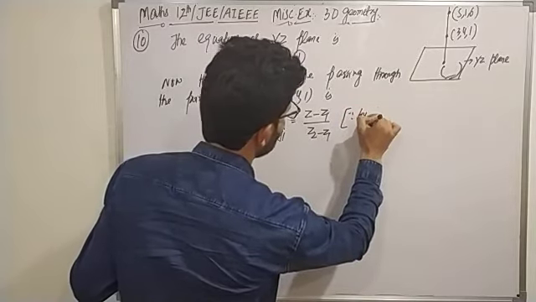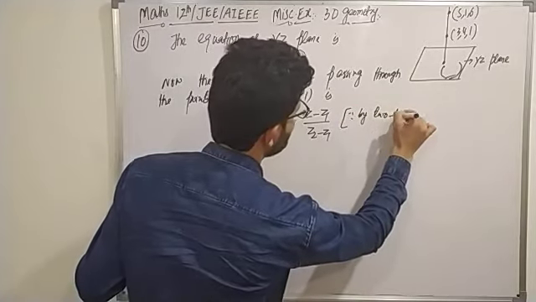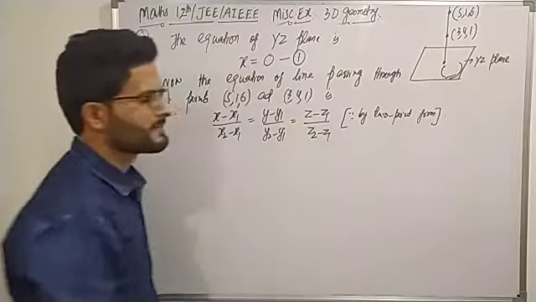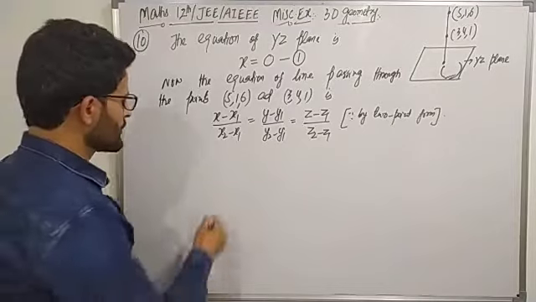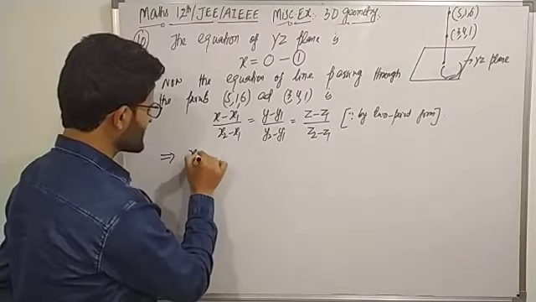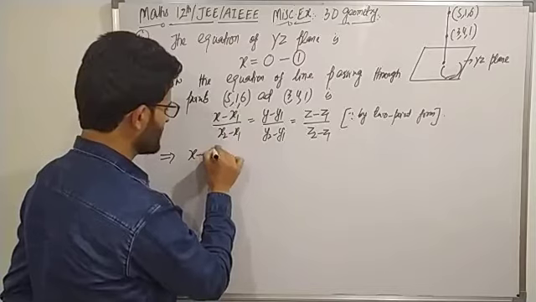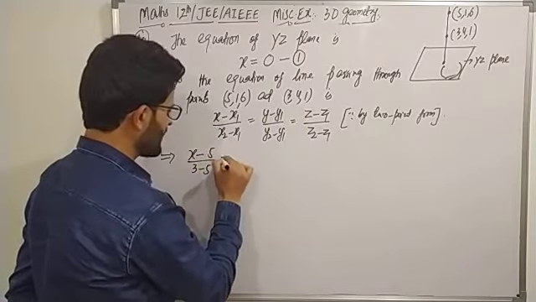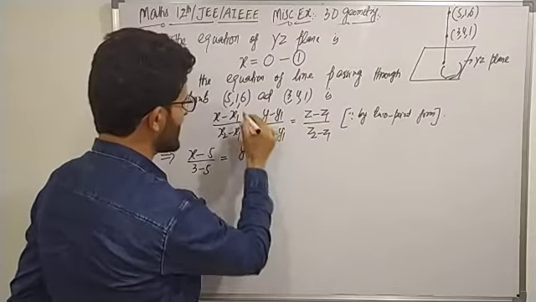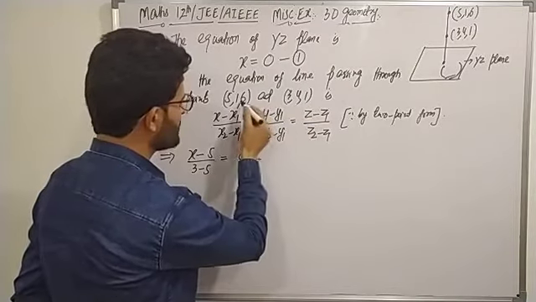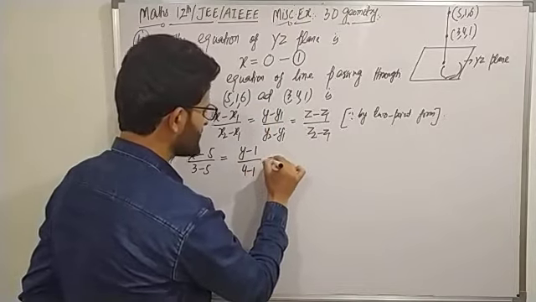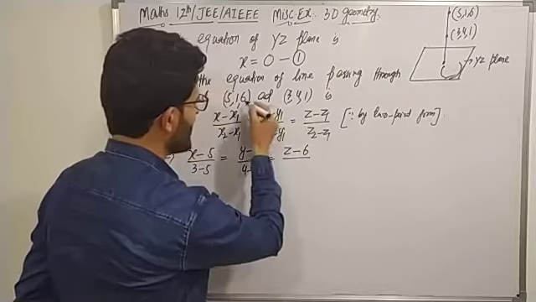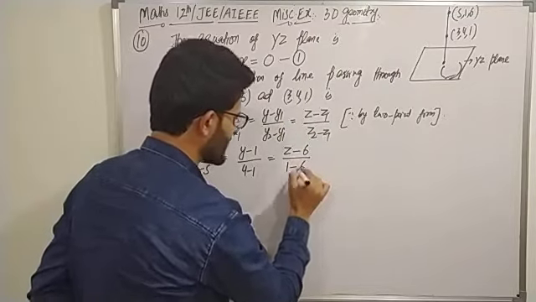So this can be written as x minus 5 divided by 3 minus 5 is equal to y minus 1 divided by 4 minus 1, is equal to z minus 6 divided by 1 minus 6.